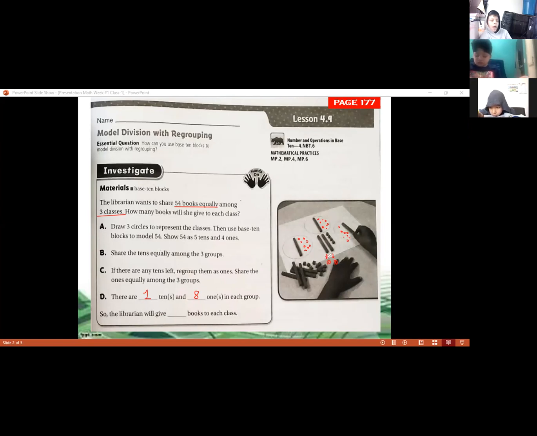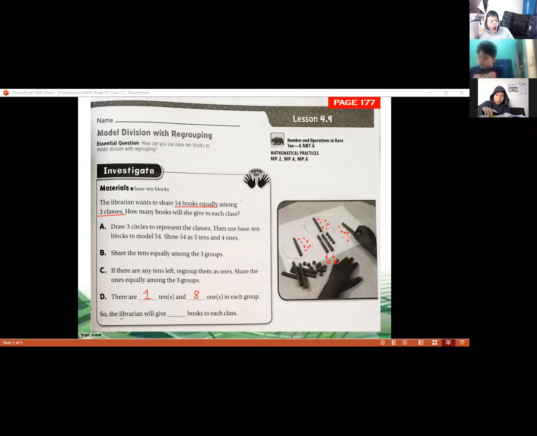So we start sharing 1 by 1. Share the ones equally among the 3 groups. So we have this 10 and this 10, 3 groups of 1, and this 4. So we have this 24 to share equally in these 3 groups. So the answer is there are going to be 1 10 in each group and 8 ones in each group.